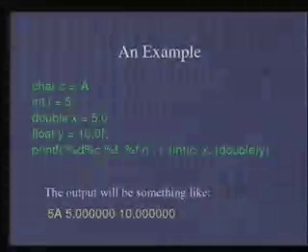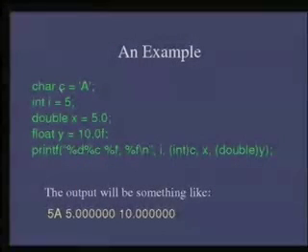So here is a simple example which demonstrates some of these specifiers that we have seen. In this example, we have several variables. The variable c is of type char and is initialized to the character A. Remember that a variable of type char is actually an integer, and the value assigned to the character c in this initialization is the ASCII code of the character capital A. i is a variable of type integer with the value 5, x is double with value 5.0, y is a float with value 10.0.